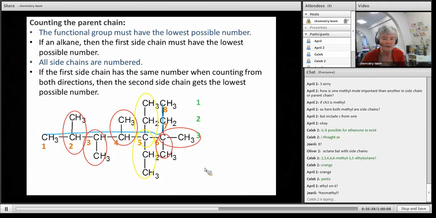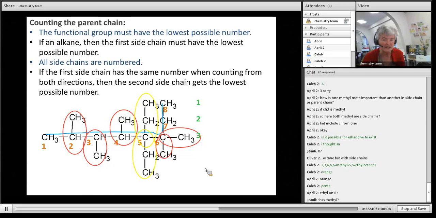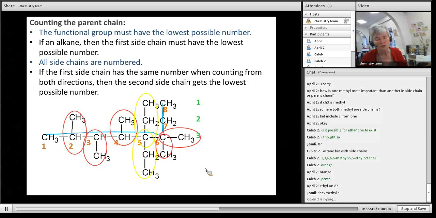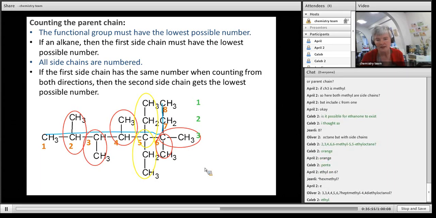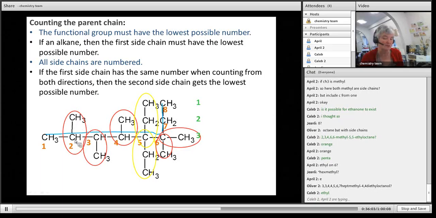Then one other thing, because I said Caleb had made 2 mistakes, the other one is you do it in alphabetical order. So what comes first in the alphabet? E in ethyl or M in methyl? E in ethyl. So the ethyl actually comes before the methyl. So even though the methyl's on the lowest one of number 2, we write the ethyl first.